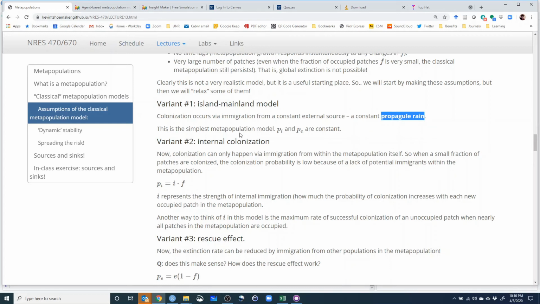And this is the simplest metapopulation model because it means that the probability of an unoccupied site becoming colonized is constant, and the probability of extinction for an occupied site is constant.